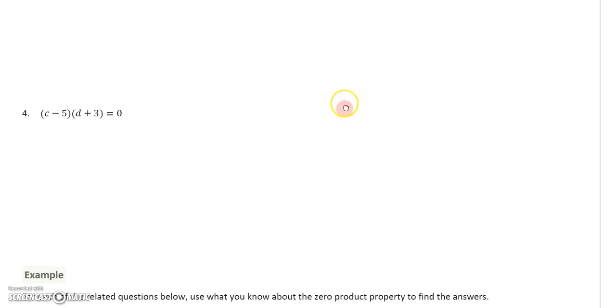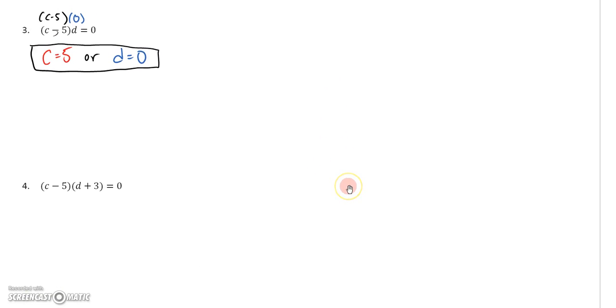Alright, going on to this one now. So again, we have two quantities that are being multiplied to equal 0. So what must be true? Either c minus 5 equals 0, which would yield us what? c has to be 5.